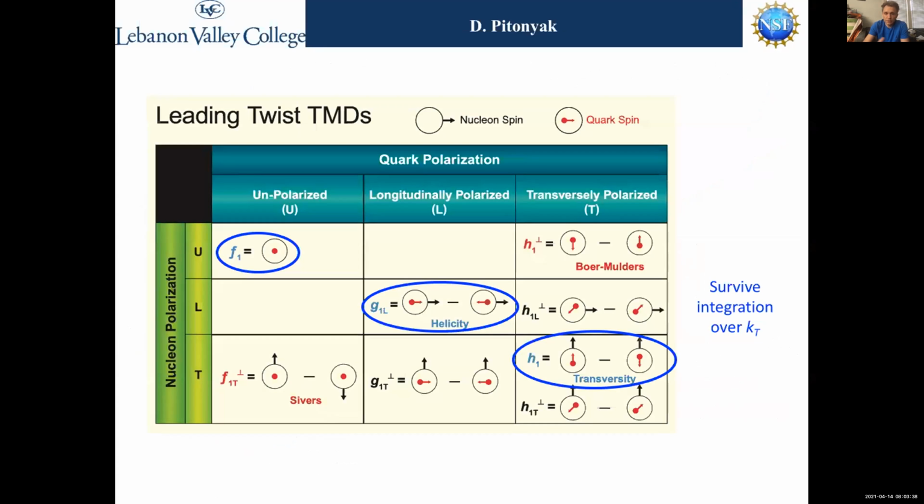If we integrate over k_T, then in the collinear approximation there are 3 functions, f1, helicity, and transversity, that define the spin structure of the nucleon completely. And the 4 functions corresponding to the transversely polarized nucleon are chiral odd, and they need to couple to other chiral odd functions in order to produce cross sections that can be measured.